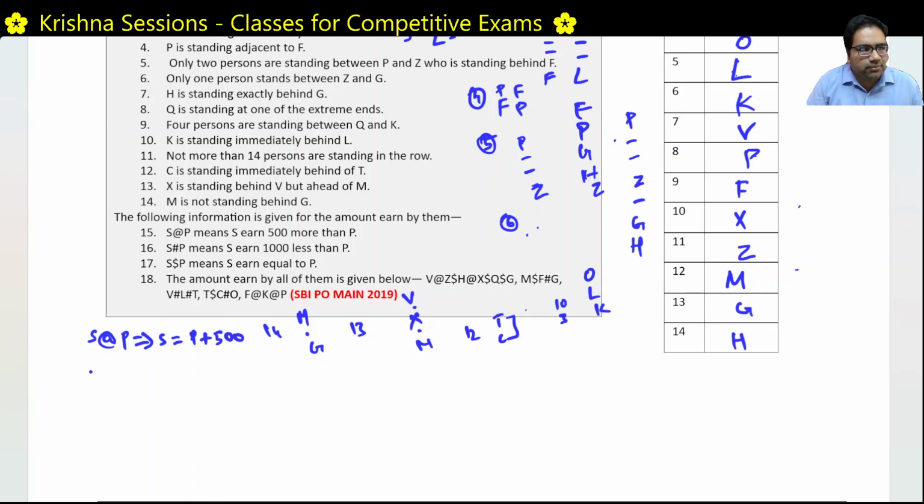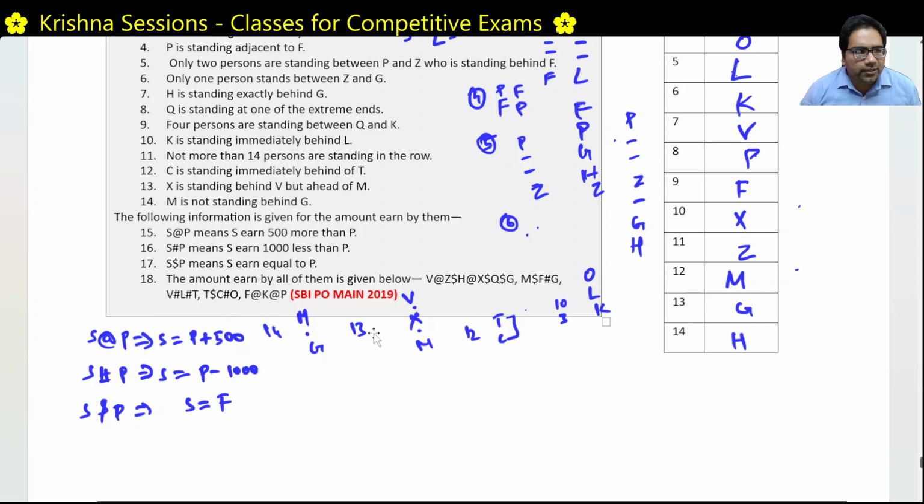Similarly, S hash P means S earns 1000 less than P. This means S is equal to P minus 1000. S dollar P means S is equal to P. There are only three variables: at the rate, hash, and dollar.